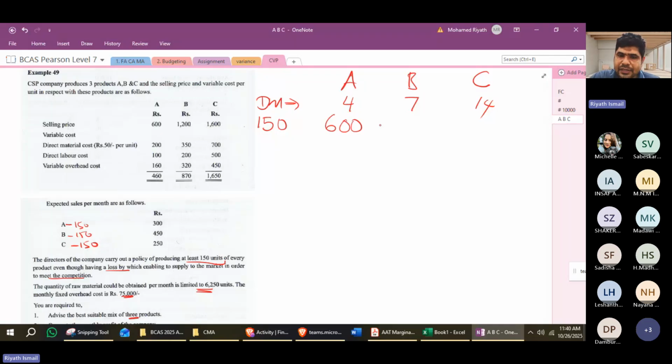Please cooperate with me quickly. So at least the company should produce A 150, B 150, C 150. So we have to allocate the limited resources for that product. So that is 1050.